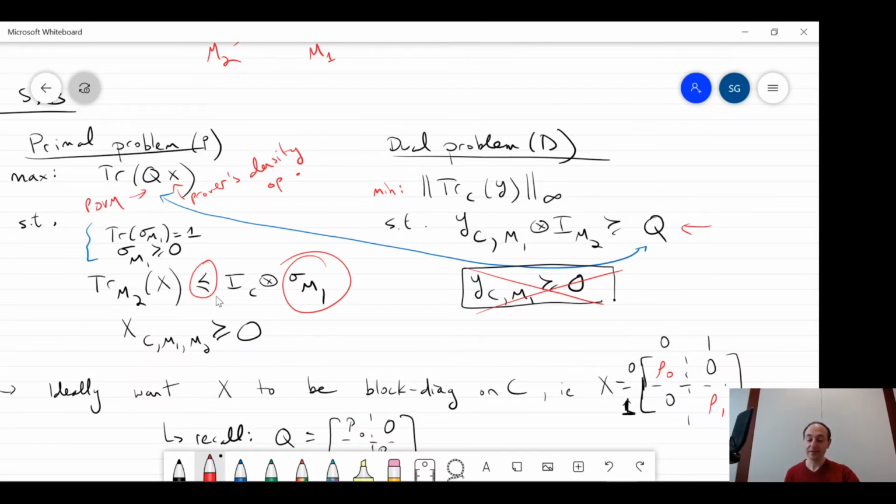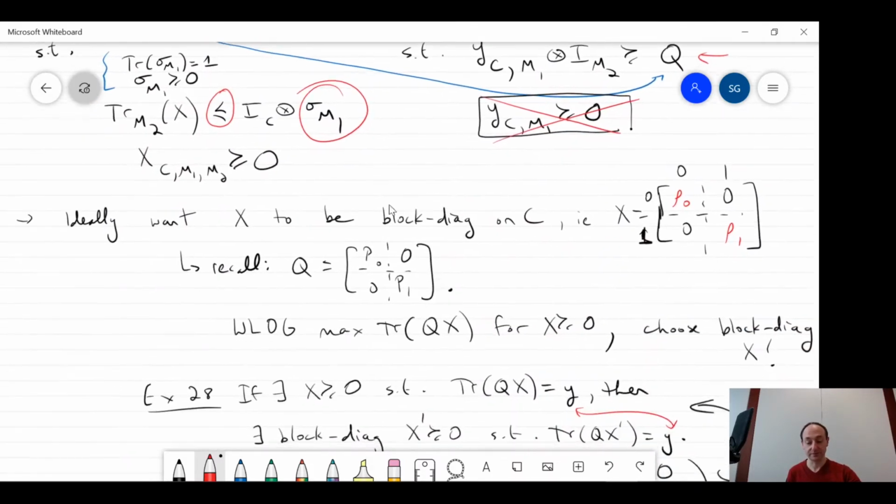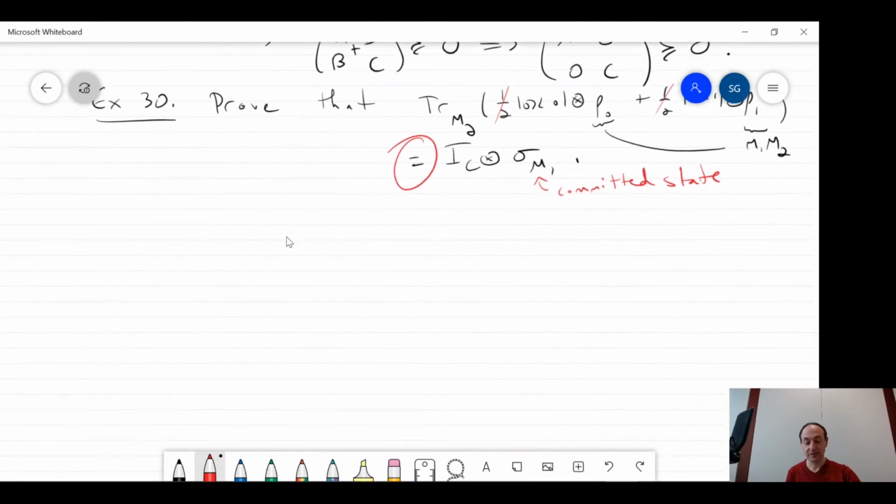Same thing here. This turns out to be without loss of generality. The whole idea is that if there was a solution that's strictly positive, so that this doesn't hold with equality, then there's another solution you can come up with which will make this hold with equality and will give you only a possibly better objective function. It will never be worse. So let me write that down. It's a bit of a mouthful.